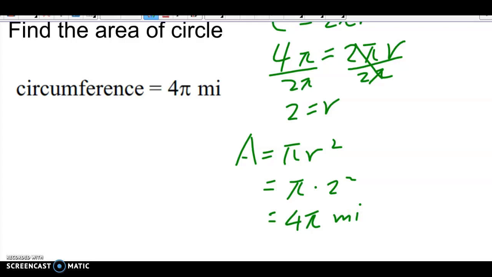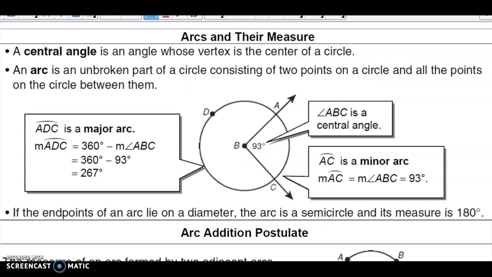Alright. So next one is some vocabulary, and we want to know the definitions. First of all, is the central angle. For the central angle, as you see, this is a circle. From this circle, as we know, point B, we call it the center, right?